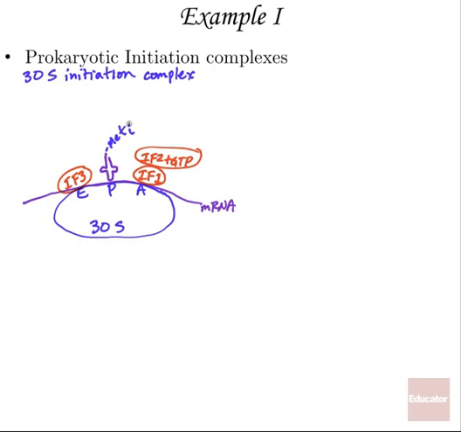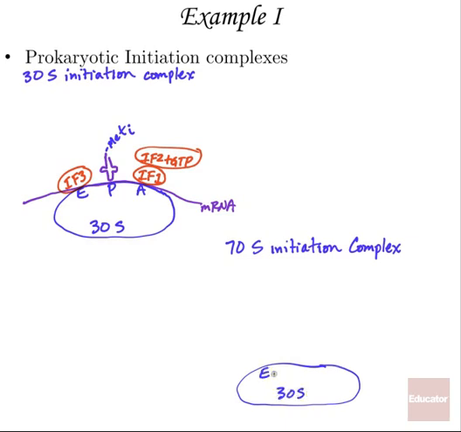Now let's look at our 70S initiation complex. Remember, S is a Svedberg, right? It's a density unit. Okay, so what we have now is our 30S.